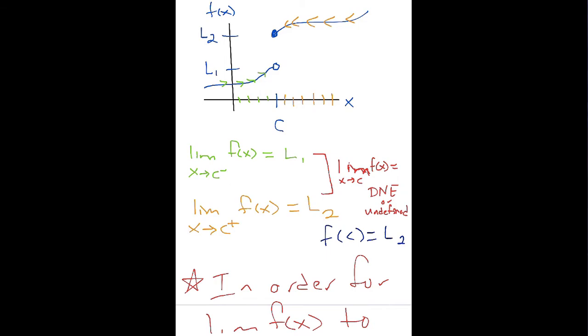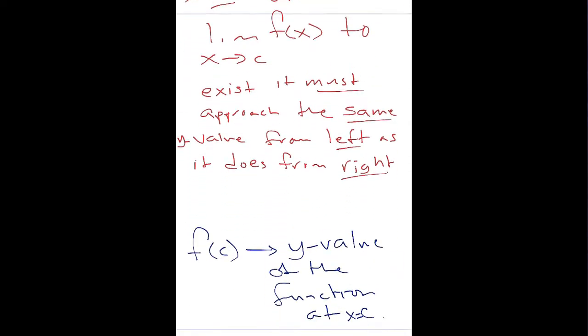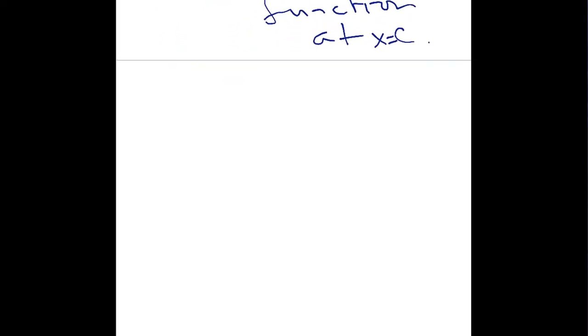Okay? There's some different properties that I'm going to go over right now, and then we'll be done. And then you'll have a chance to do a Delta Math assignment. So I need you to write down these properties of limits.